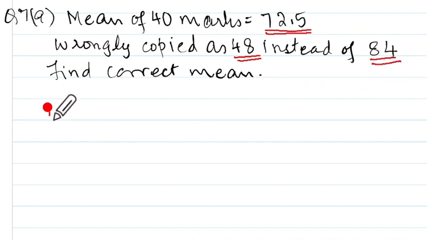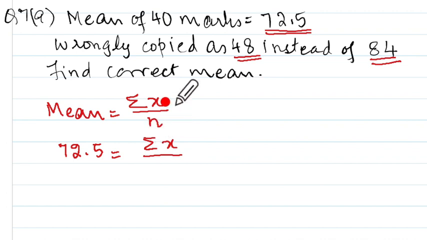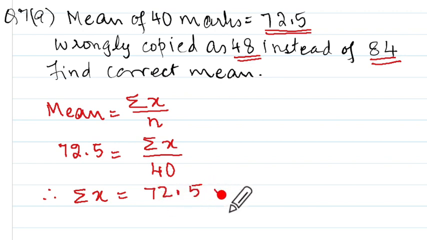So to begin with, let us write the formula of mean. Mean is equal to sigma x upon n. What is sigma x? It is the total of 40 marks. So mean is 72.5, and that is equal to sigma x upon how many students are there? There are 40 marks over there, so upon 40. Therefore, sigma x is equal to 72.5 multiplied by 40, which is 725 multiplied by 4.